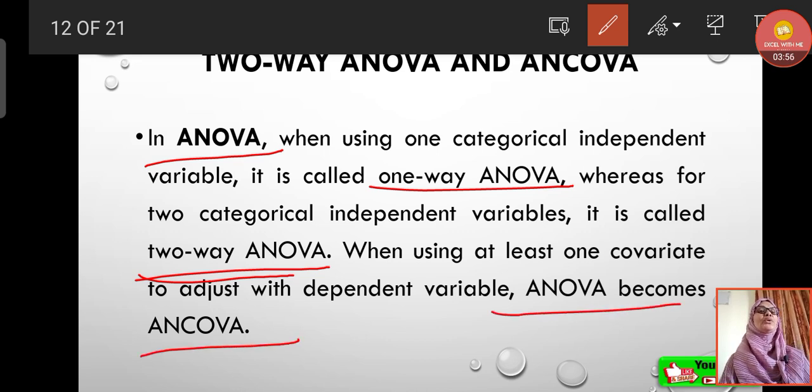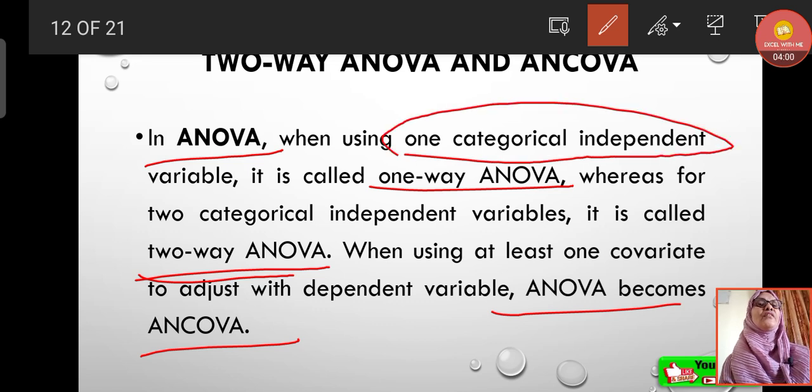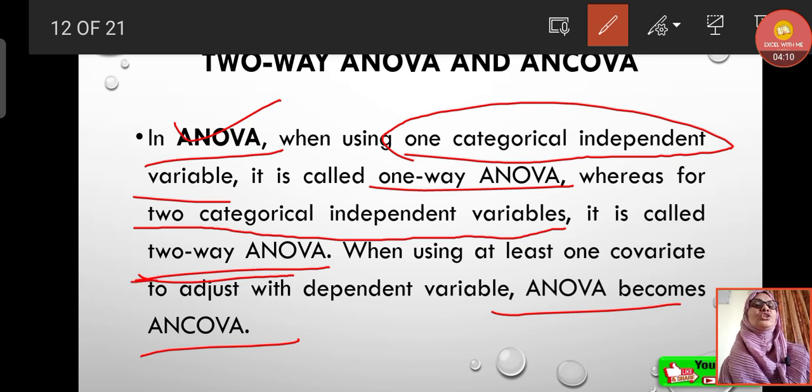That is, ANOVA when using one categorical independent variable is one-way ANOVA, whereas two categorical independent variables is two-way. One categorical independent variable here, two categorical independent variables here.